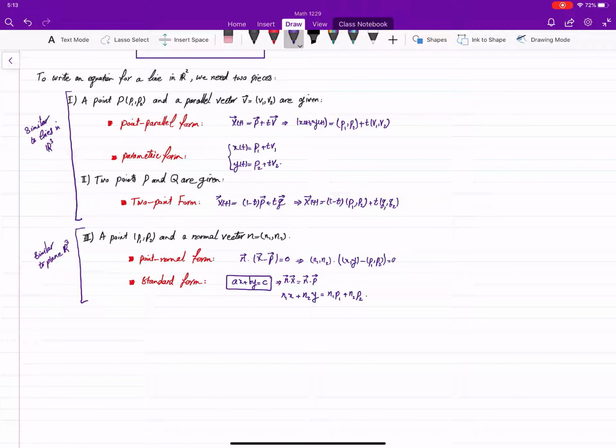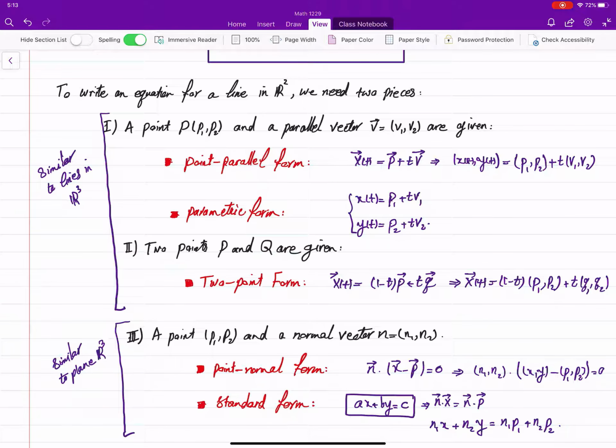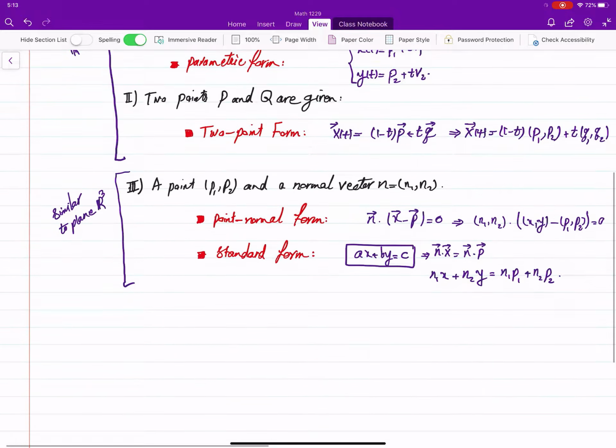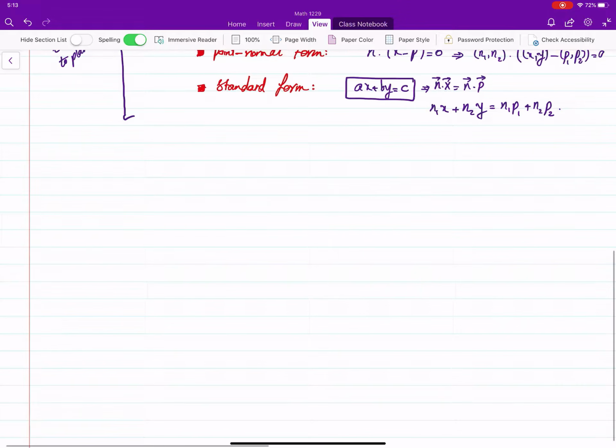If we have a parallel vector and a point, we have exactly the same possibilities that we had for lines in R3. But if we have a normal vector and a point, we have the possibilities of point normal form and standard form, the forms that were available only for planes in R3. Okay, let's do an example before we end the video.